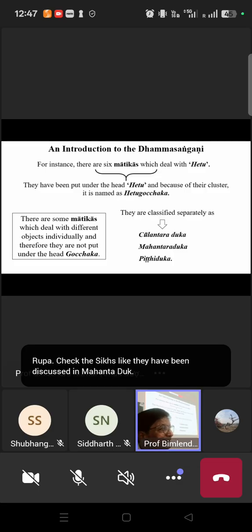And lastly, there is a Pitthi Dukha. Pitthi Dukha consists of supplementary questions, which are also called Dukmatikas. They have been discussed.